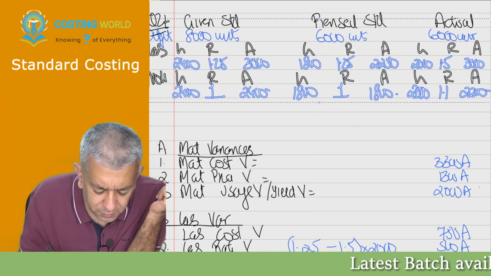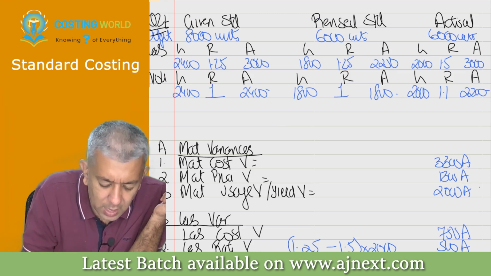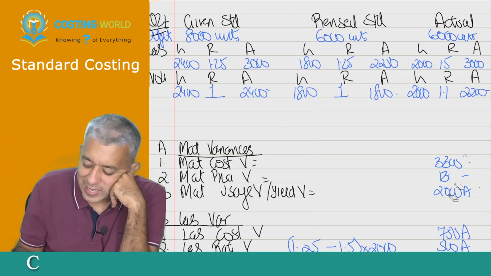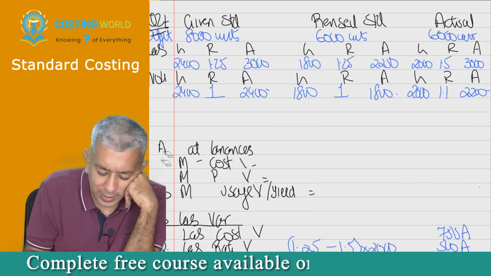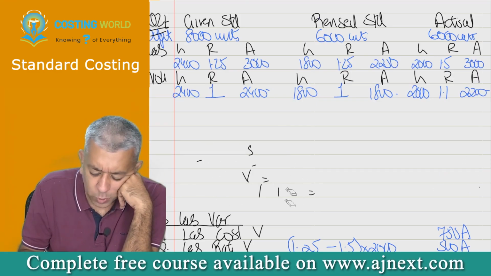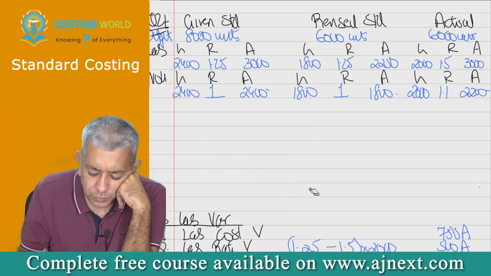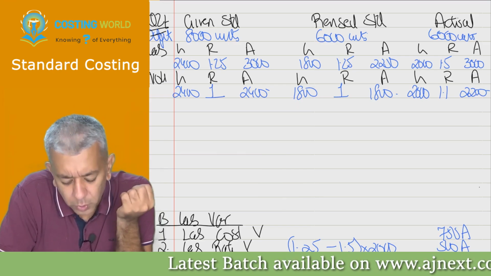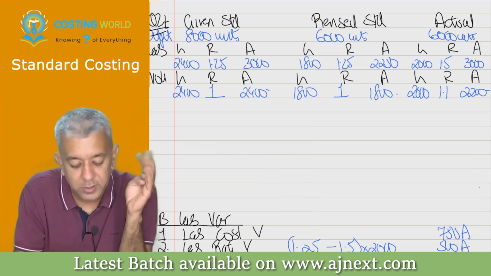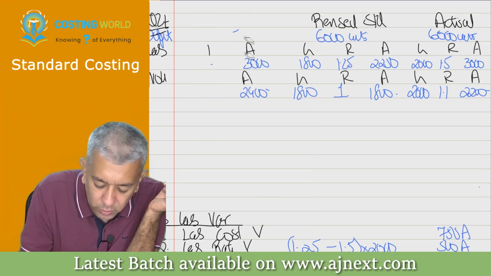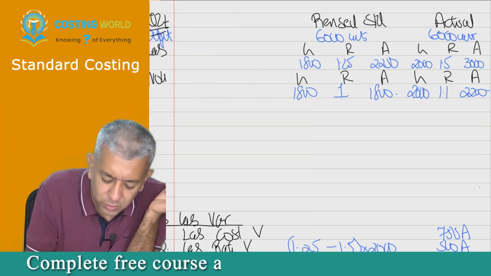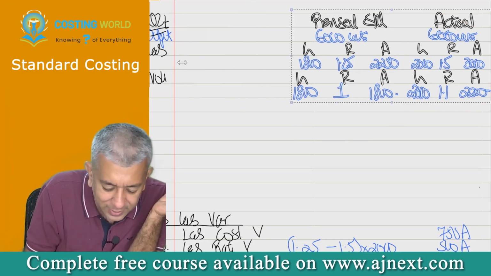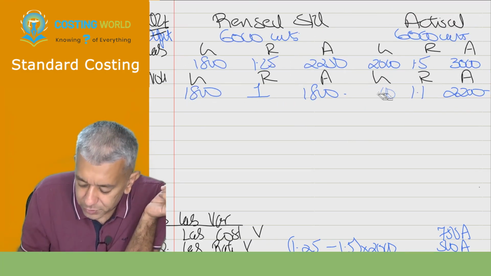Is that written? Now listen, next thing. Can we say idle time means abnormal idle time, and abnormal idle time is only there in the actual data? Actual data will include that abnormal idle time. So standards will not change, therefore I am not making the standards. We'll only make revised standard and actual.